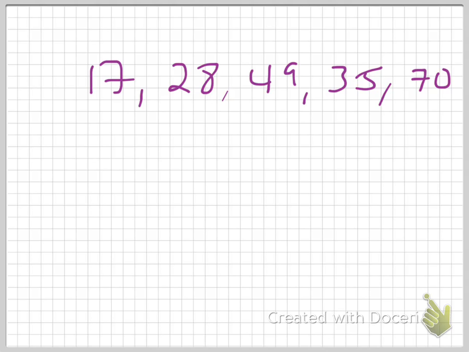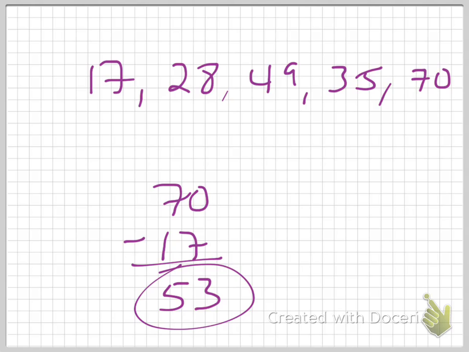Not 63. 53. How do you find the range? Biggest minus the smallest, right? What's the biggest? What's the smallest? Makes sense? That's how you find the range. Just biggest minus smallest. That's it. All right, your homework.